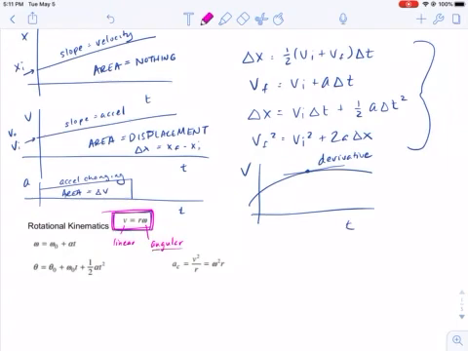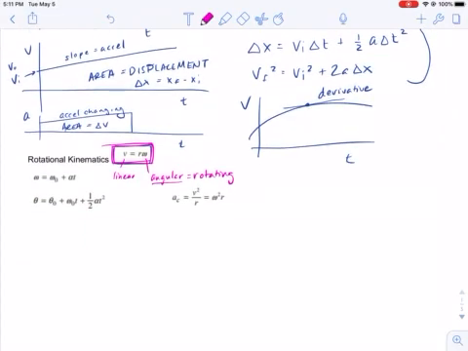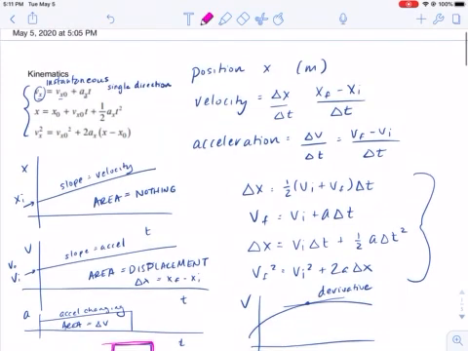Remember that the word angular stands for rotating. And one way that I had helped us lay it out is to think about, kind of like we're thinking about position, velocity, and acceleration. Oh, I should add up here that displacement is change in position. Change is always final minus initial.